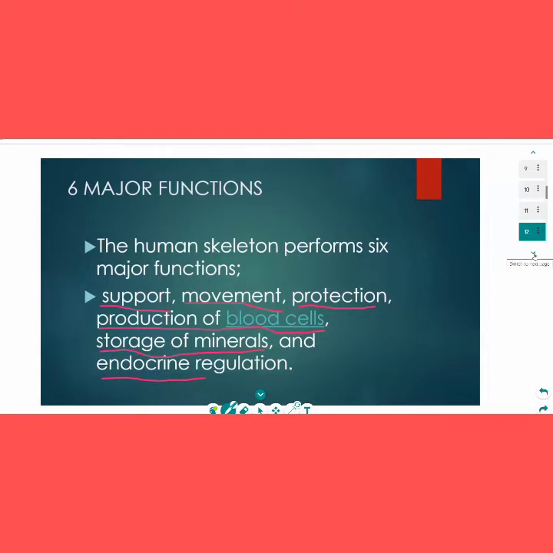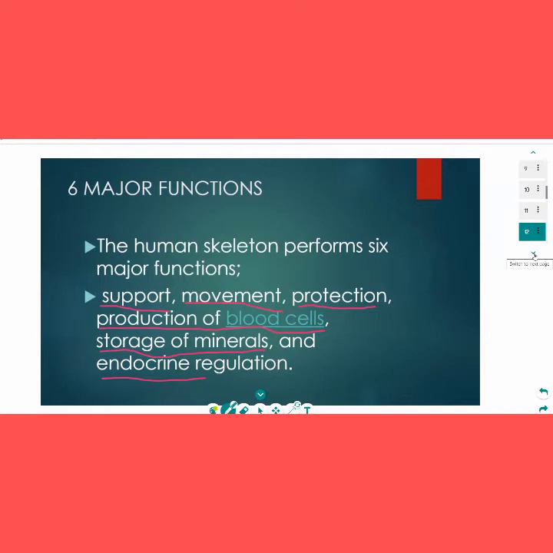And by the storage of minerals, what are the minerals it stores within the bone? I told you what the bone contains, which mineral, Mariam? Calcium. Yeah, calcium.